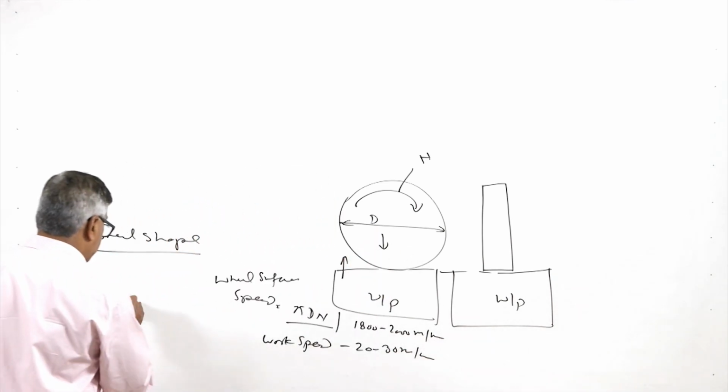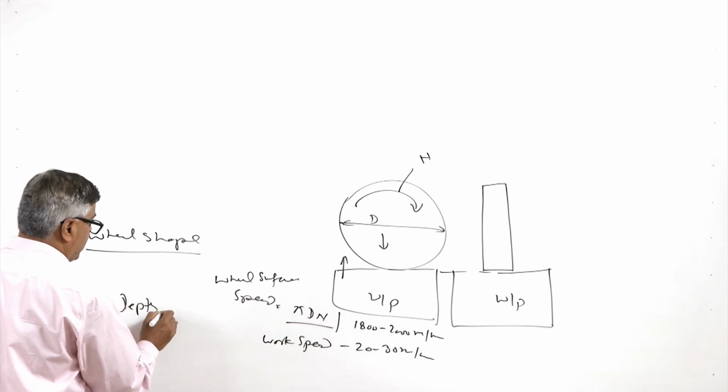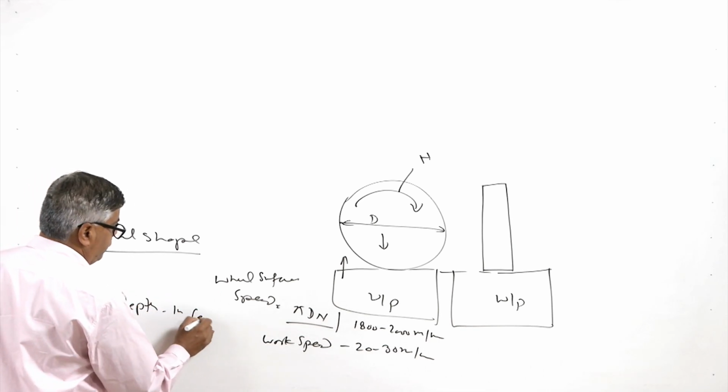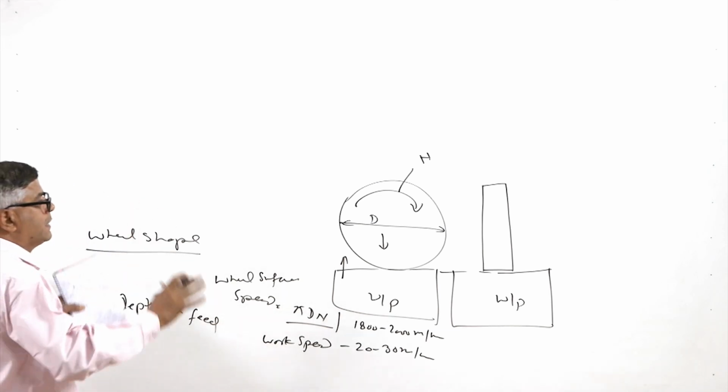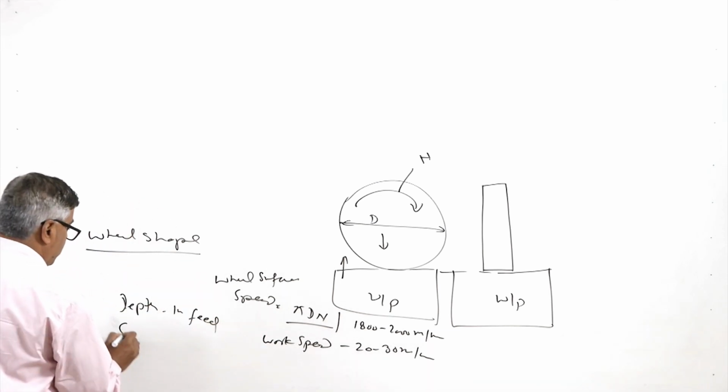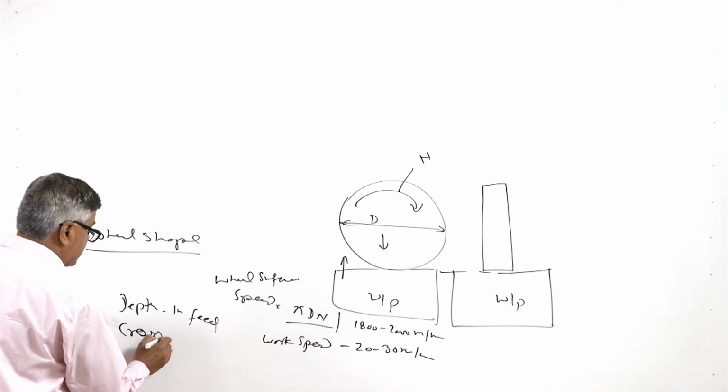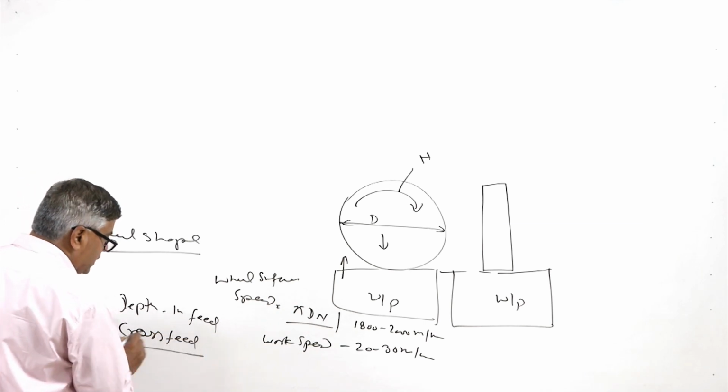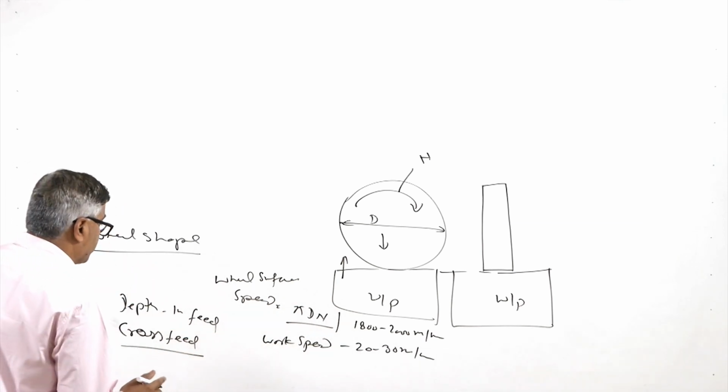So, the depth of cut in case of grinding is termed as in feed, and in order to cover the entire surface area, basically the cross feed is given, so that this will be determining the width of cut.